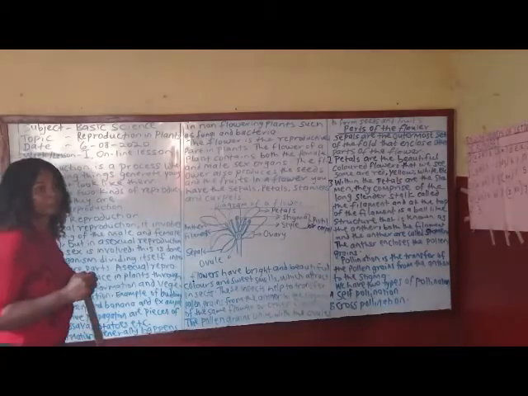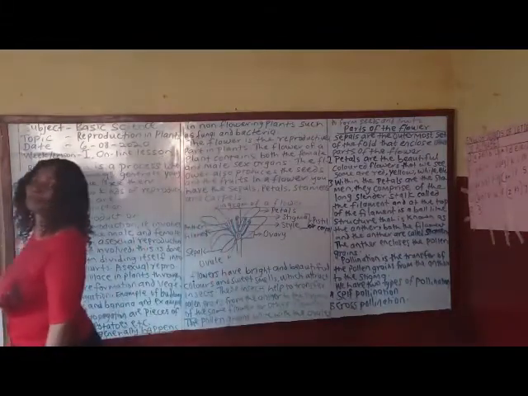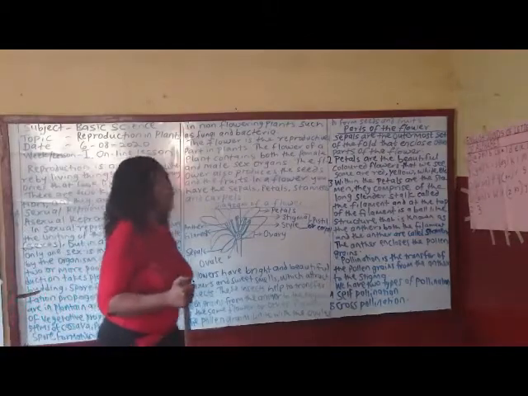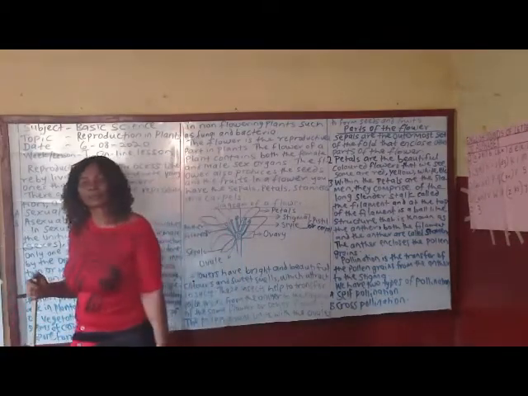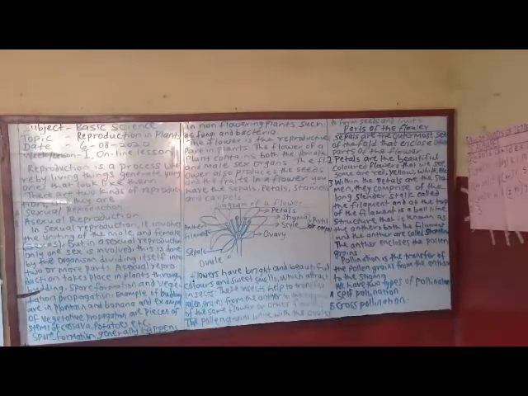Another is that flowers are used to make perfumes. Some of these perfumes get their fragrance from flowers. Another benefit of flowers is that there are some flowers that we eat. Example, cauliflower. We use it as a vegetable.